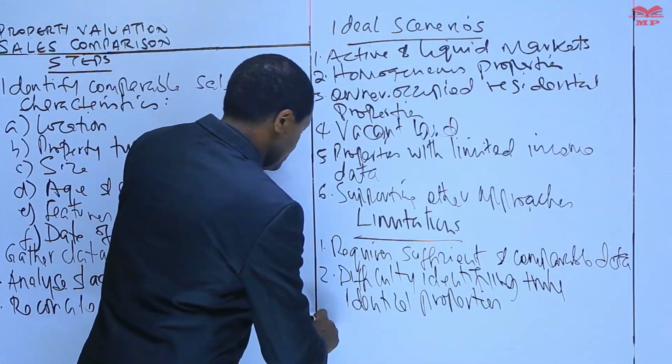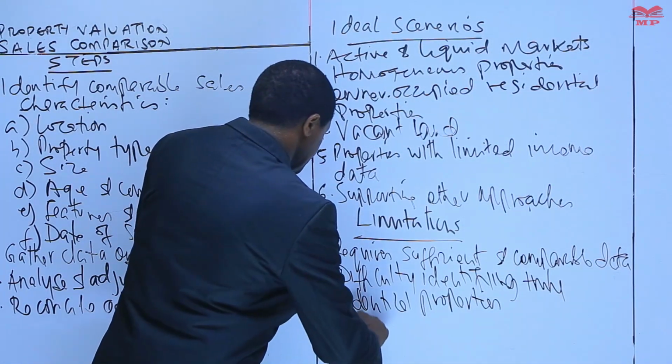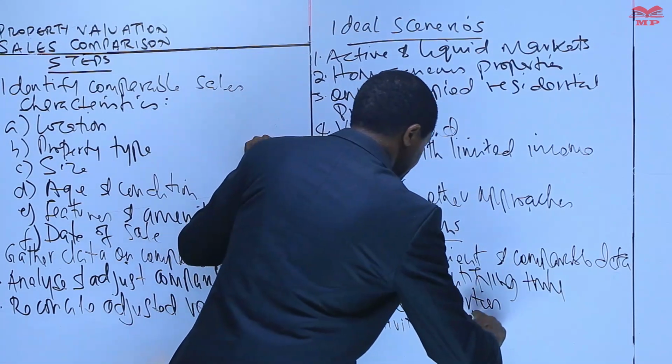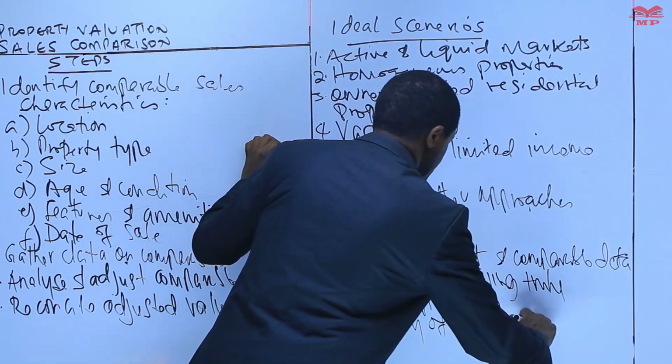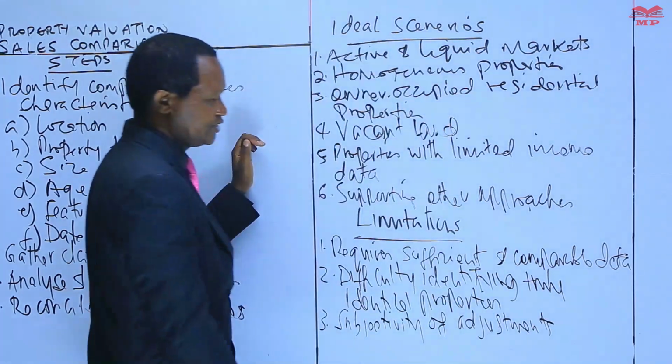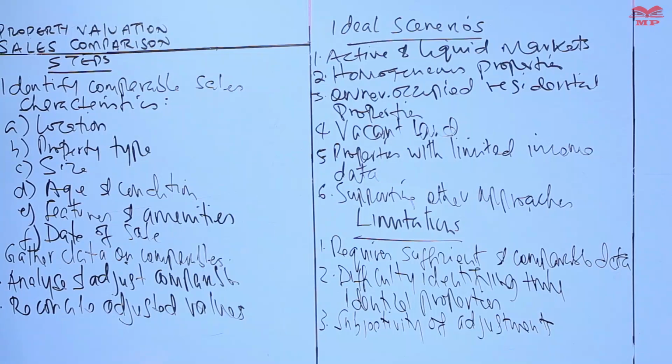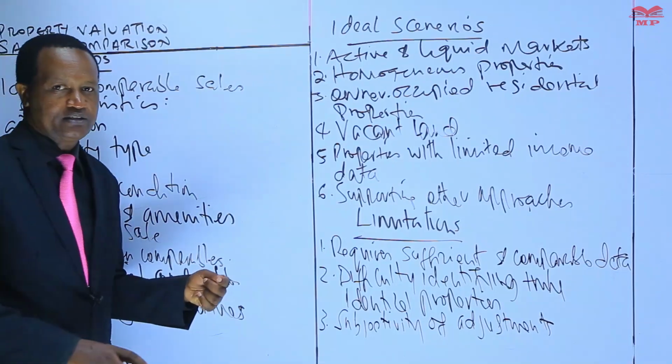Three, subjectivity of adjustments. Adjusting the sale prices of comparables to account for differences requires the appraiser's professional judgment. So determining the exact monetary value of each difference.